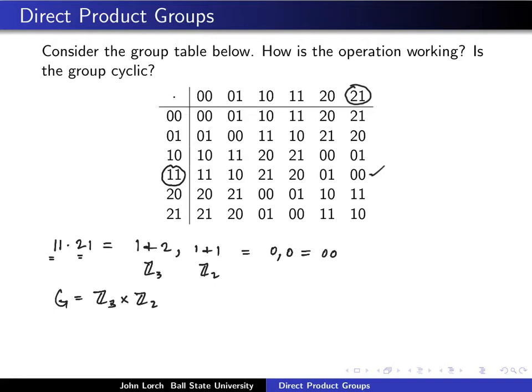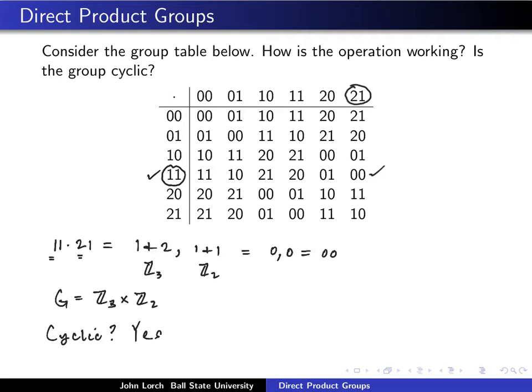All right, now on to the second question, and that is whether this group is cyclic. Well, maybe you determined that the answer is yes. In fact, if we look at our element (1,1) again, and we start applying (1,1) to itself over and over again, let's see what happens.